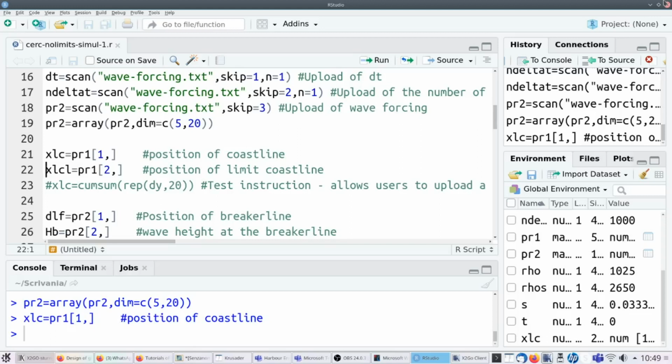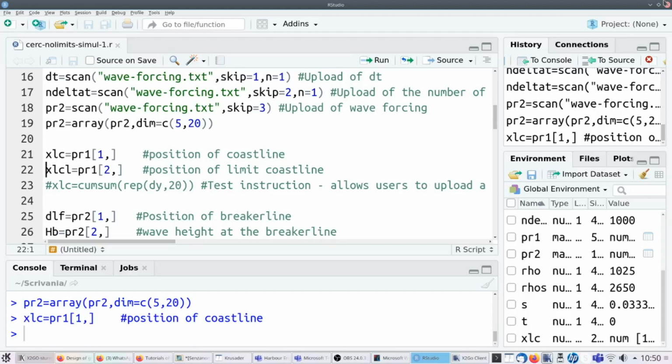The delta y is uploaded in the second file, it's 150. The second column of the geometry file is the limiting position of the coastline. In some simulations, you may need to put a limiting position to your coastline.